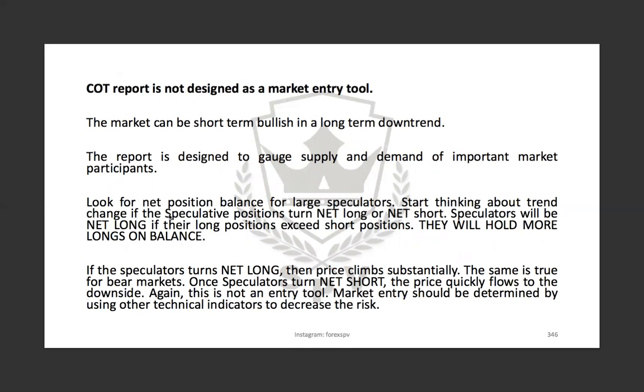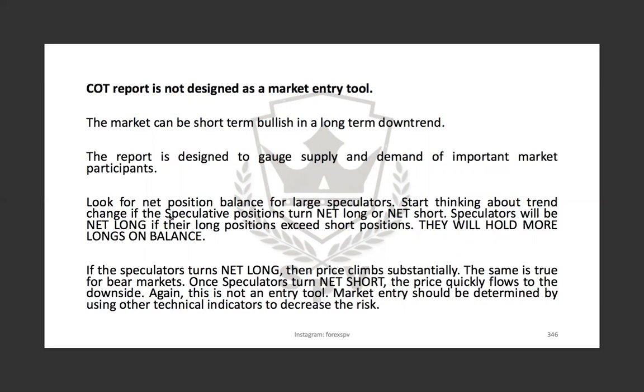And if I analyze the COT and there is a news release coming, and when I analyze my technicals horizontally I see that my buyers go along with the net position balance for large speculators, then that's a high probability setup for me.